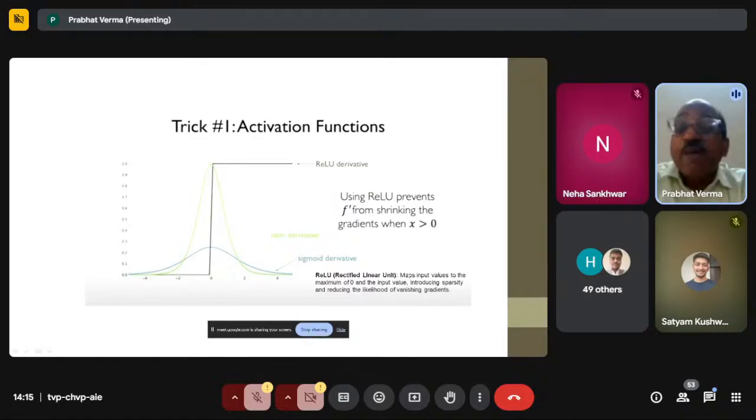The ReLU function maps input values to the maximum of 0 and the input value, introducing sparsity and reducing the likelihood of vanishing gradients. Using the ReLU function prevents f dash from shrinking the gradient when x is greater than 0. So ReLU is a useful activation function which can help you prevent the vanishing gradient.